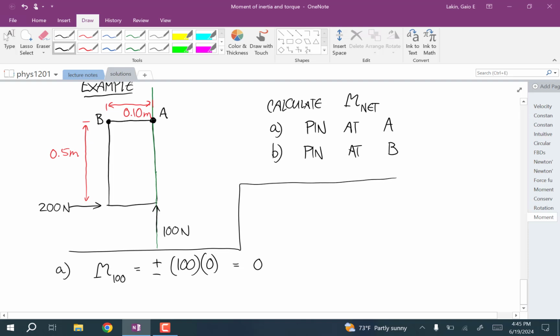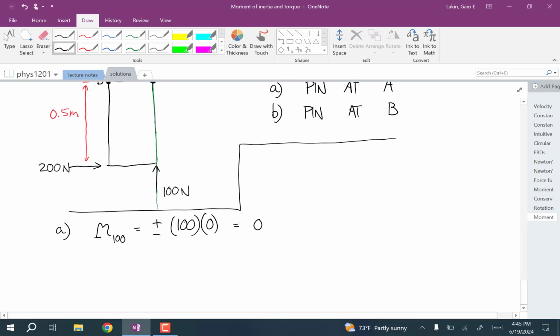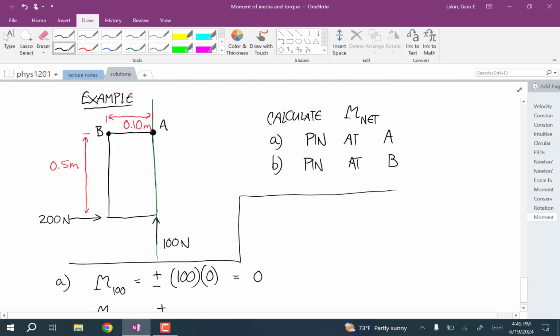Now we'll think about the 200 Newton force. So the moment produced by that 200 Newton force, the line of action of this force is this.